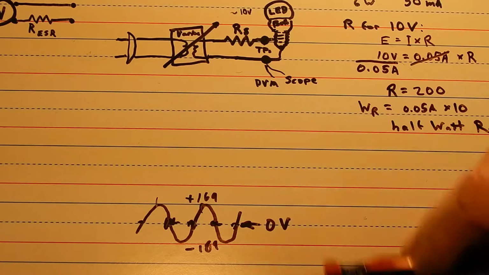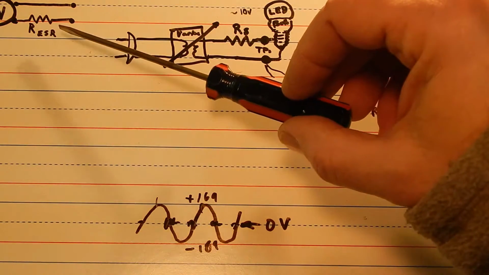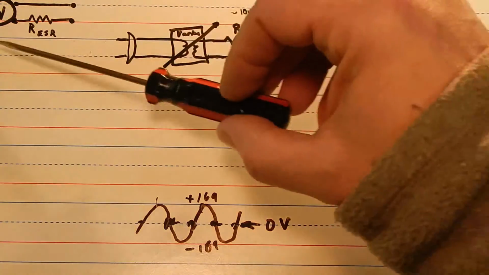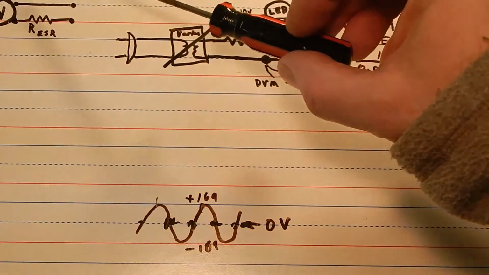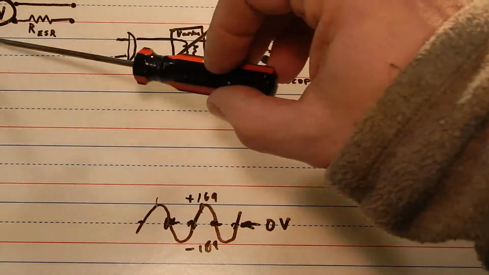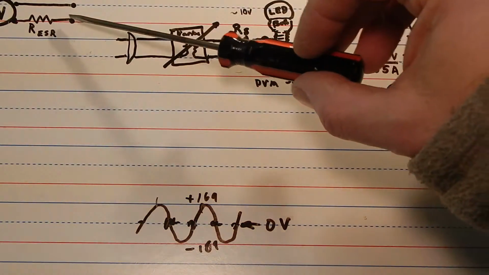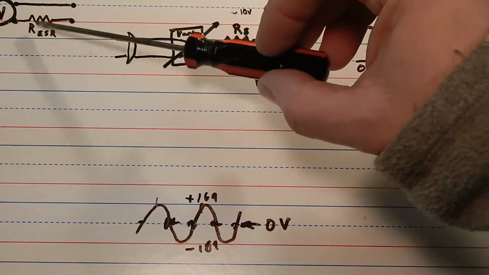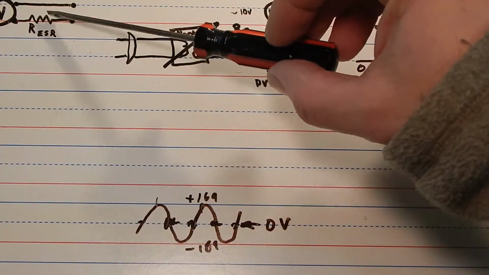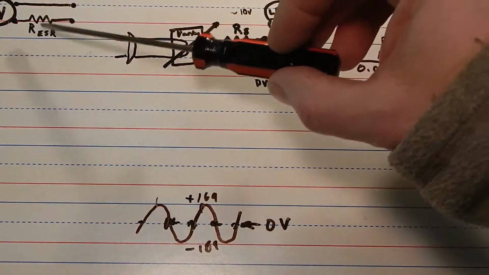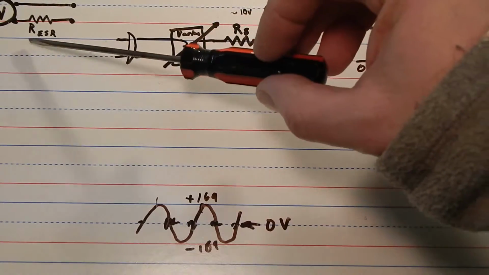I'll take a step backwards. This is a diagram of an ideal voltage source, and making it a real voltage source, which is never going to be ideal. It's looking at some kind of equivalent resistance, so equivalent series resistance.